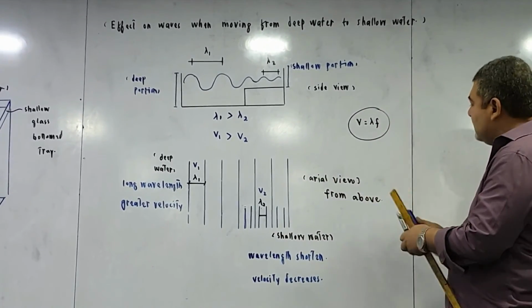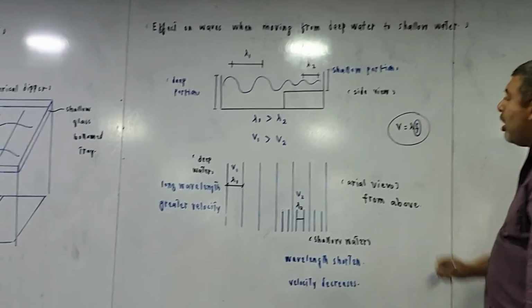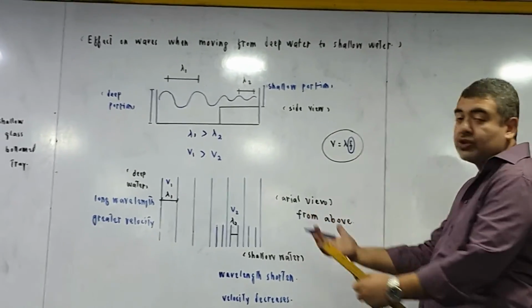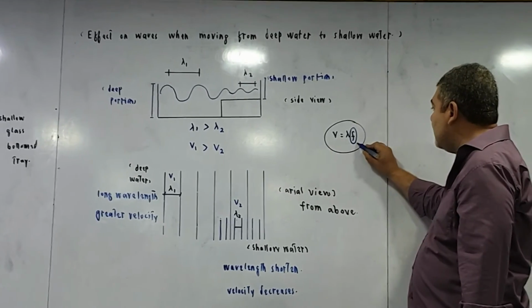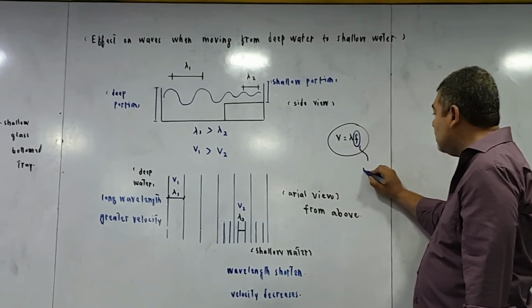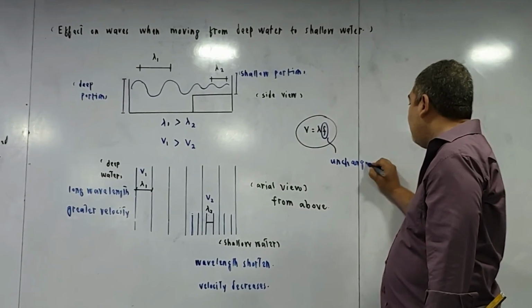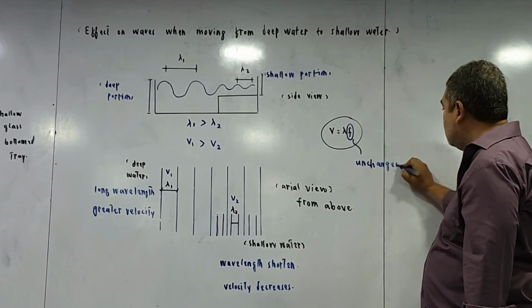What will happen to the frequency? कहते हैं frequency depends upon the source. So we have the same source which is producing these waves. The frequency is unchanged. So frequency is unchanged. Why?